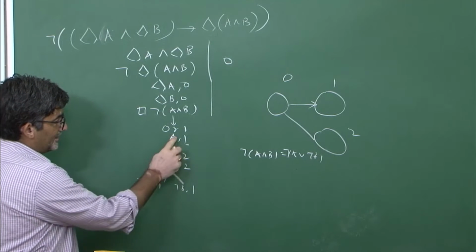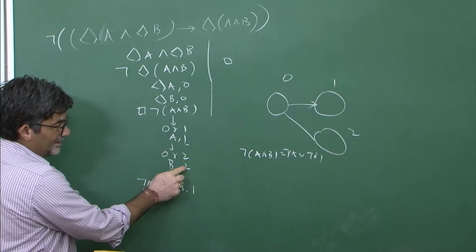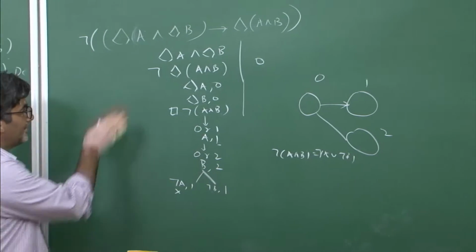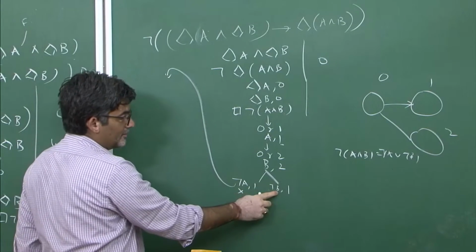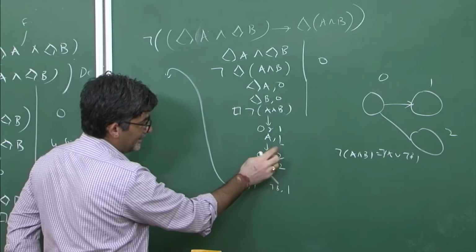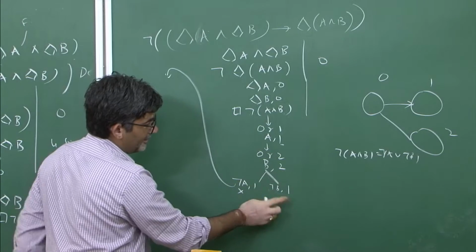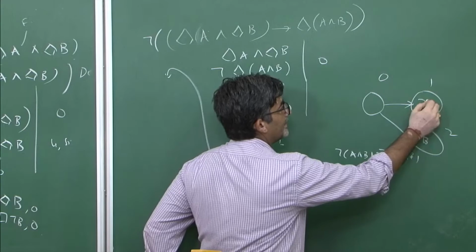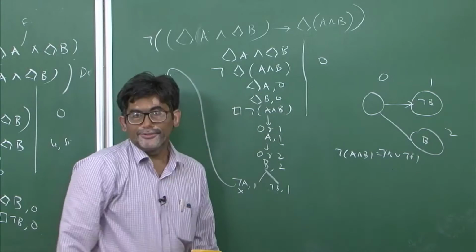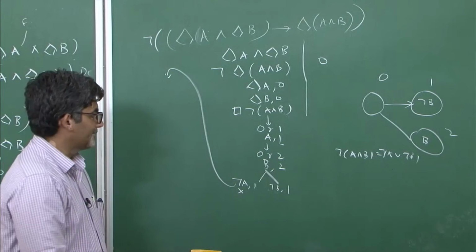And now b is true in a world 2. So b is true in a world 1, b is true in a world 2, but not b is true in a world 1. There is no way in which you can close the branch here.